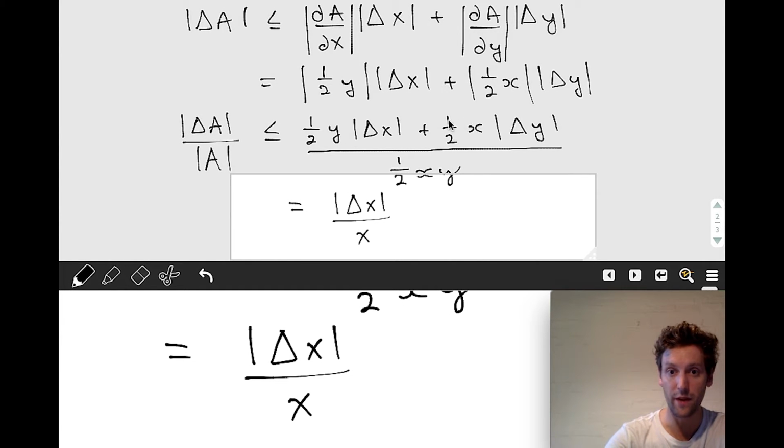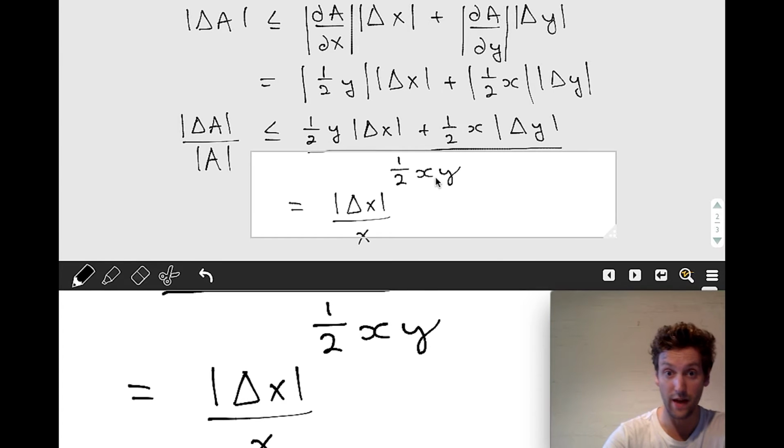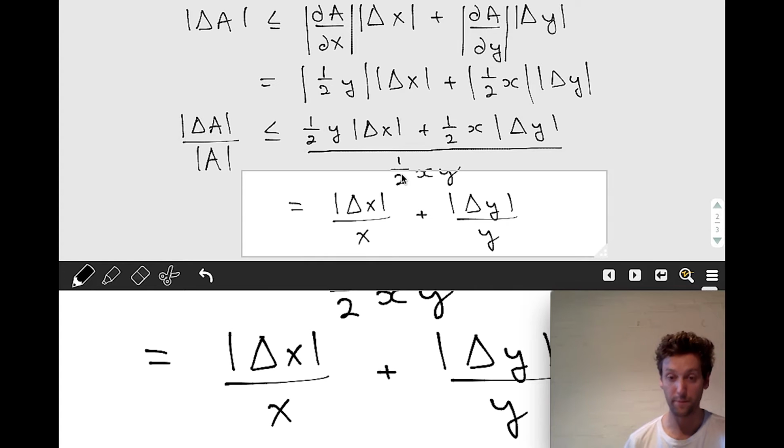Likewise, here I've got 1/2 x times delta y, all divided by 1/2 x times y. So the x's there will cancel, the half will cancel, and I'm left with delta y all divided by y. Again, remember that x and y themselves are positive numbers, so it doesn't matter that I don't have the absolute value symbols here. I can put them back on if I want.